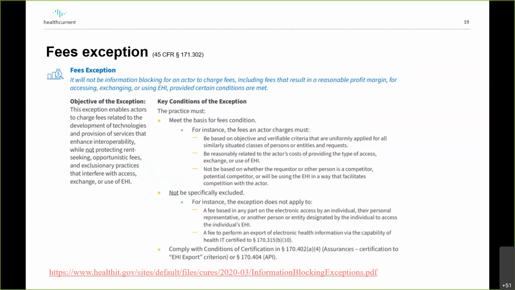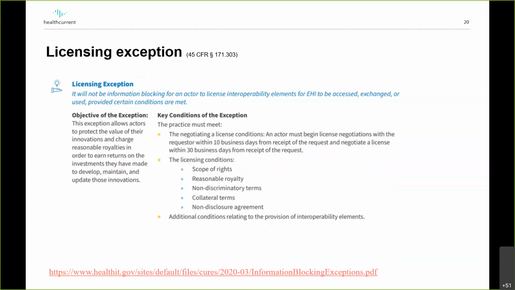The next two exceptions, fees and licensing, I'm not going to spend a lot of time on in this webinar because I don't think it's going to come up so often for healthcare providers. We are going to do a series of pre-recorded webinars that will give a deep explanation of the fees and licensing exceptions.